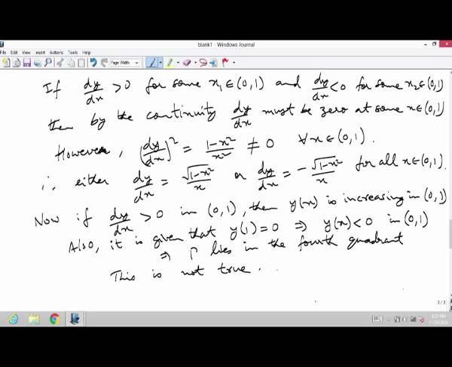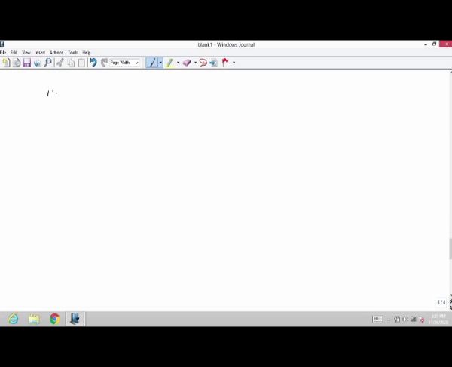So, therefore, dy/dx is with negative sign. So, this is minus square root of (1 minus x square) by x for x belonging to (0, 1).